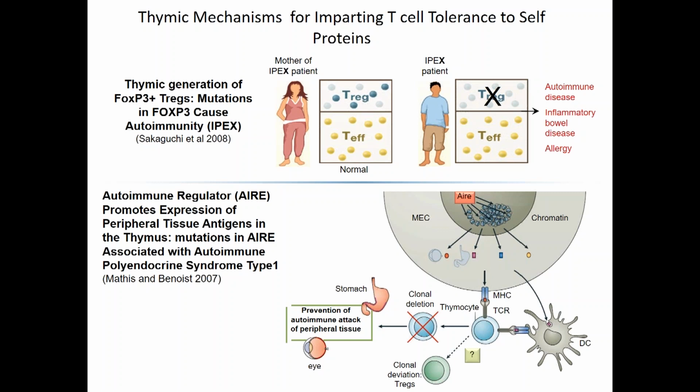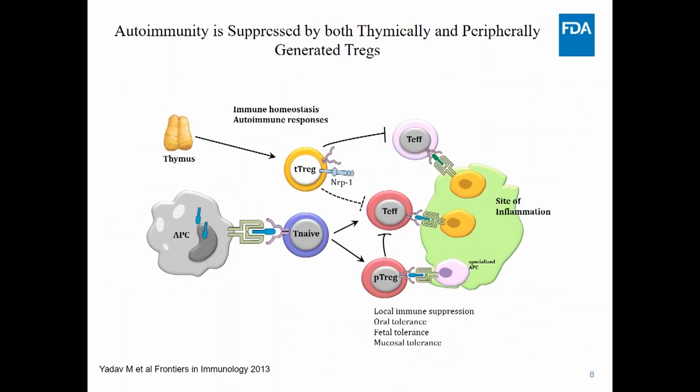One, if there's a high enough affinity interaction between a developing thymocyte and thymic epithelial cell, one gets clonal deletion, so you completely lose that autoimmune specificity. But if the affinity is a little bit lower, one can get clonal deviation to Tregs. So these thymic mechanisms are critical for generation of tolerance and enhanced T cell tolerance.